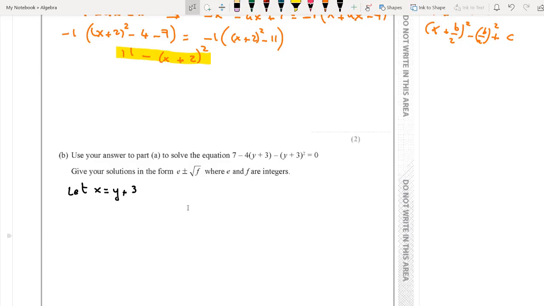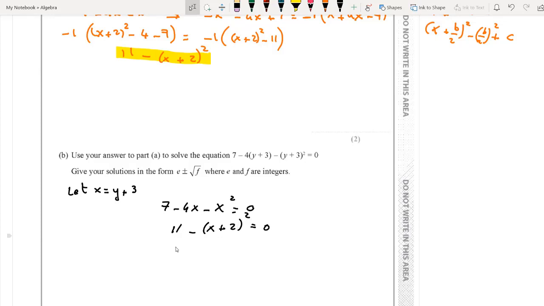So the equation that he wants to solve turns to be 7 minus 4x minus x squared equal to 0. Now, 7 minus 4x minus x squared equal to 0 can be written, by completing the square, as 11 minus (x plus 2) all to the power 2 is equal to 0.